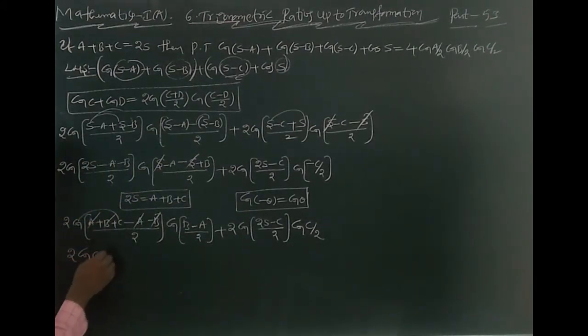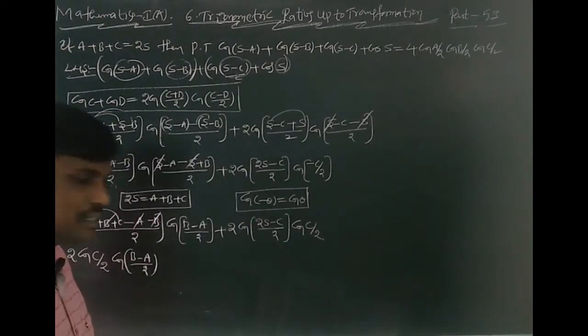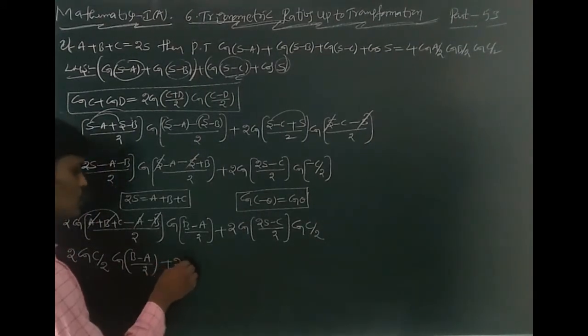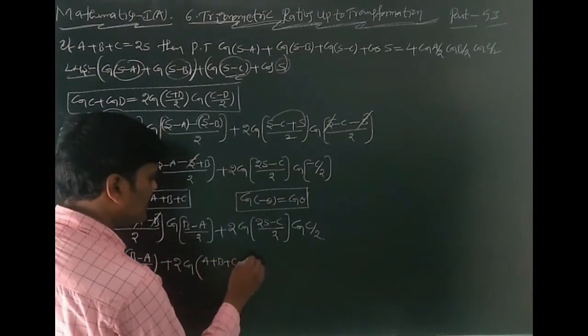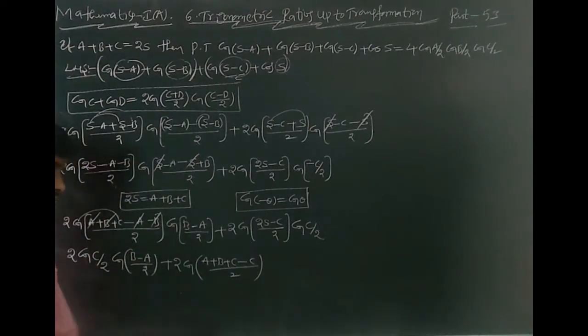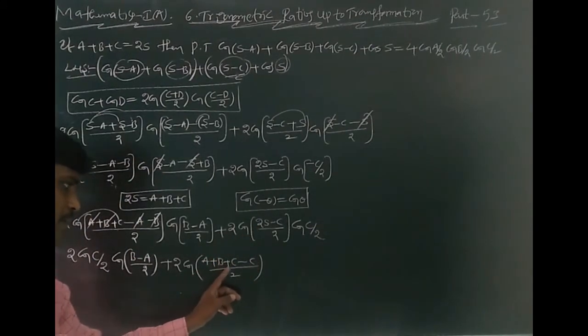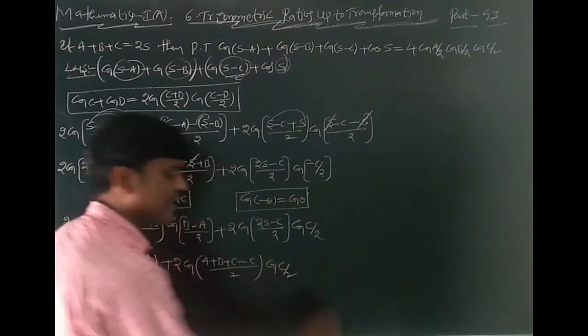After that, here we get 2 cos c by 2 into cos of (b minus a) by 2, plus 2 cos of (2s minus c) by 2, where the 2s value is a plus b plus c minus c whole by 2. Understood or not? 2 cos of (a plus b plus c minus c) by 2 into cos c by 2.